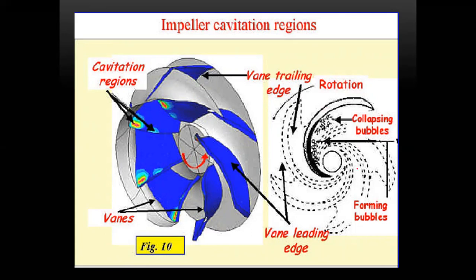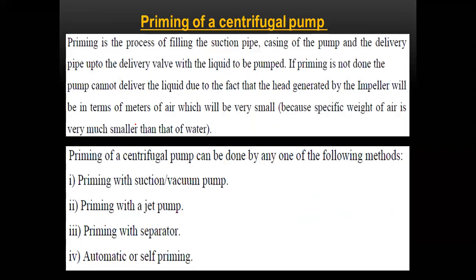Whenever the vane is rotating in this direction, bubbles form and collapse, and because of these collapsing bubbles the edges get some sort of cavitation. We'll discuss cavitation in the coming slides.